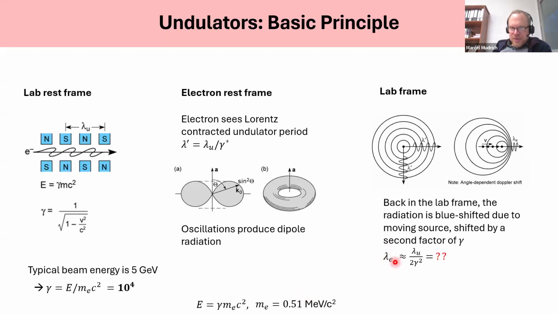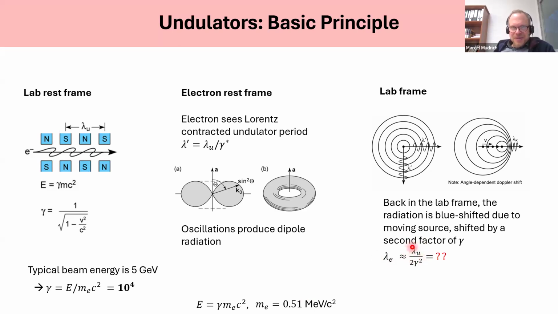So what's then the wavelength of the emitted light? The actual formula is the undulator wavelength divided by 2 times gamma square. Lambda, the undulator, that's the undulator period.